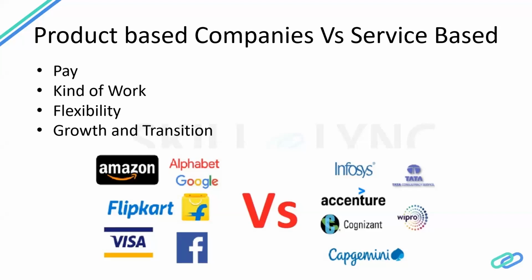You need to be very good in your skill. You need to be very hardworking. You need to be very knowledgeable. You need to have good problem-solving skills. Only then you will be able to get into a product-based company. So we as engineers should aim to get into product-based companies. If we get into service-based companies, that is also good, but our target should be that.